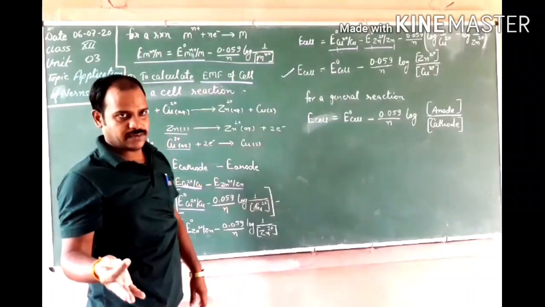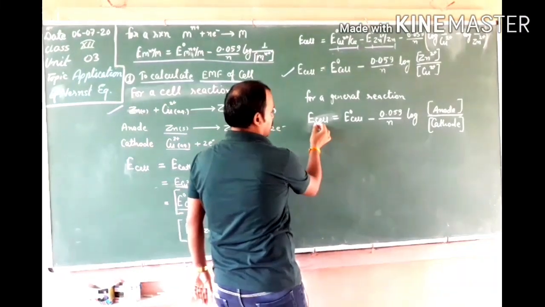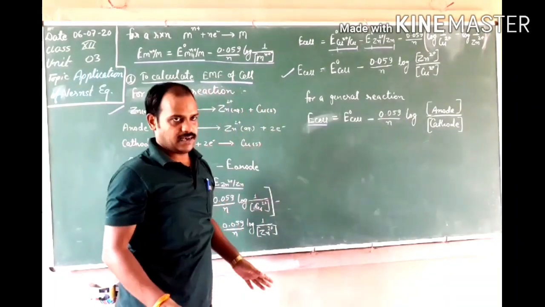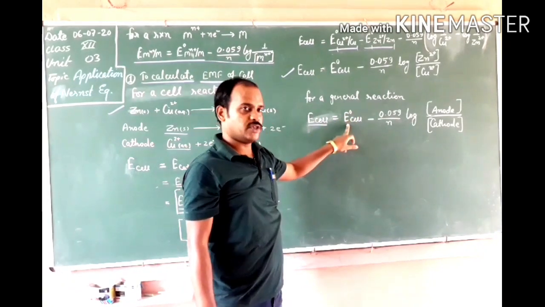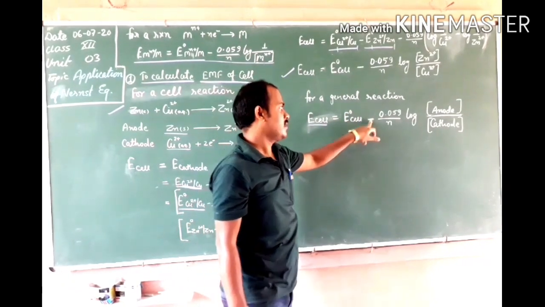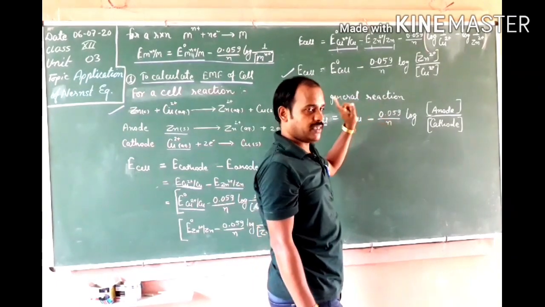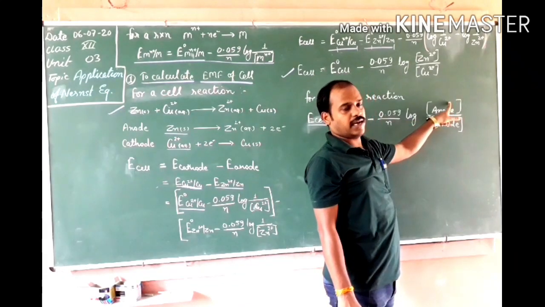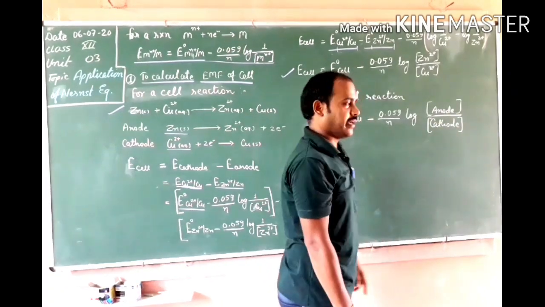For a general reaction, what can we write? For a general reaction, E cell, the electromotive force of any cell, is equal to the standard electrode potential of that cell minus 0.059 by n, where n is the number of electrons involved in the reaction, log of the concentration of ion at anode by the concentration of ion at cathode.